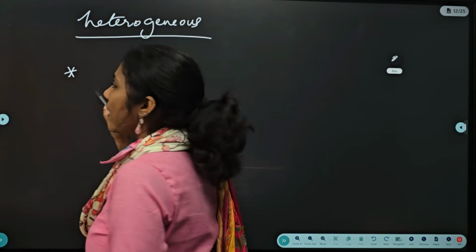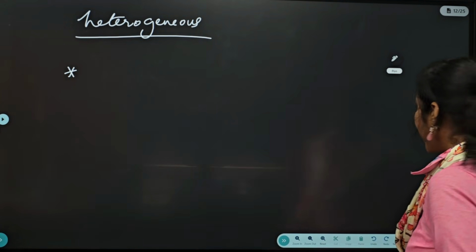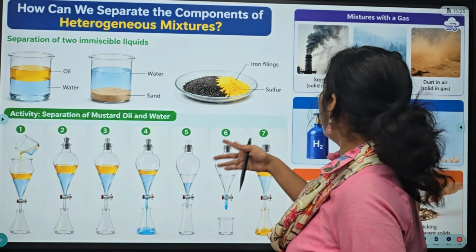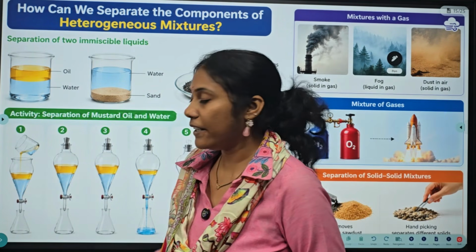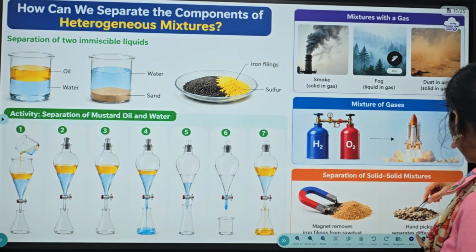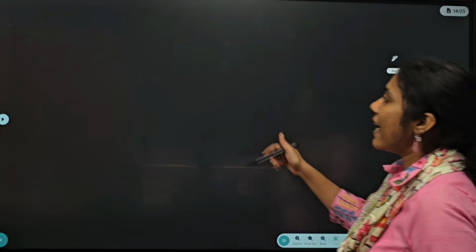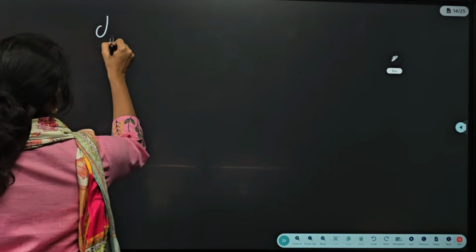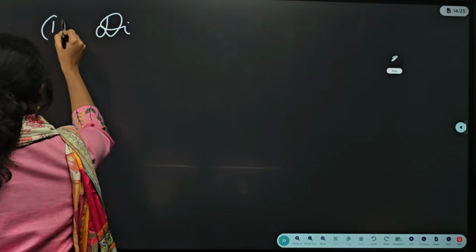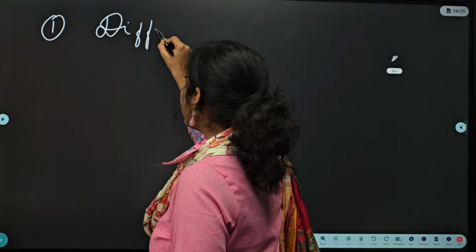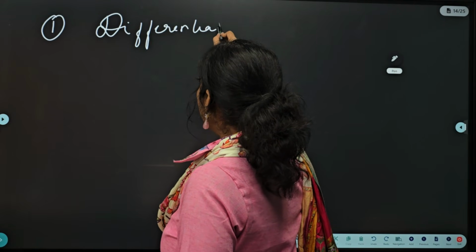So the first one we will explore is using a separating funnel, and this method is actually called differential separation. So the very first method we are discussing is differential separation.